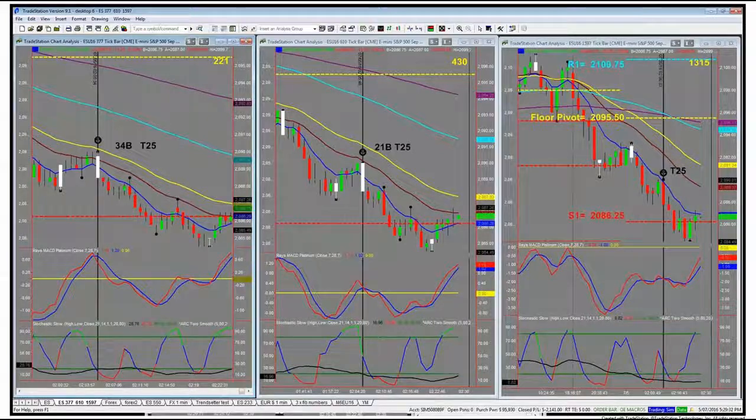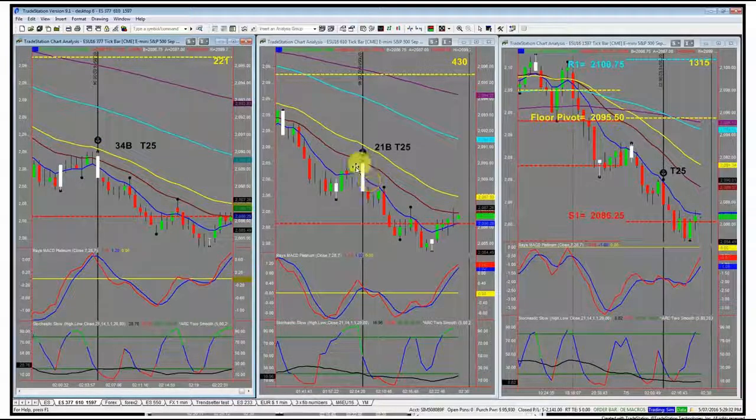We're now looking at the ES 377 tick, a 610 tick, and a 1597, all Fib numbers. They don't have to be Fibonacci numbers, but a lot of our members are great followers of Fibonacci, so I've prepared these with Fib numbers. So we can see here that we've got what we call a 34B and a T25.